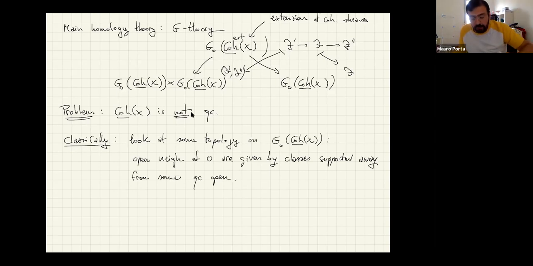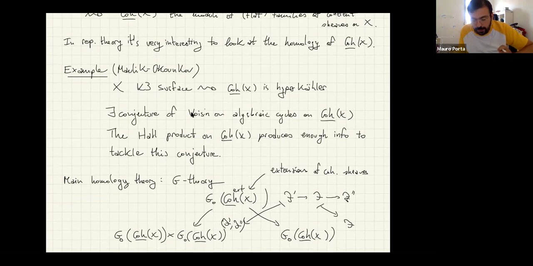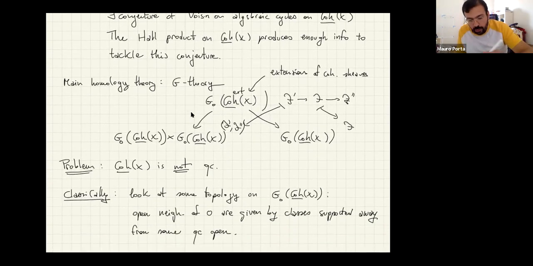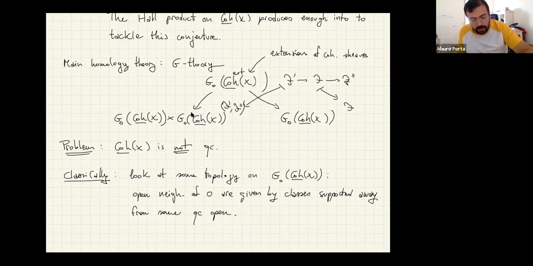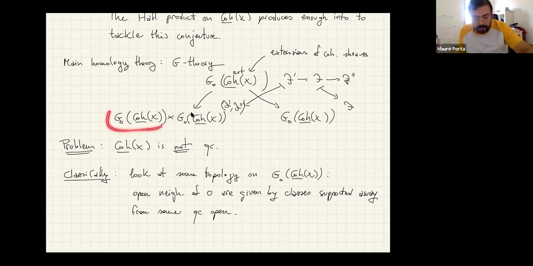Okay, so it turns out that a very interesting question to pose is to try to categorify this statement. So this is the G theory. It's the K theory, the Grothendieck group of the derived category of coherent sheaves on this stack.